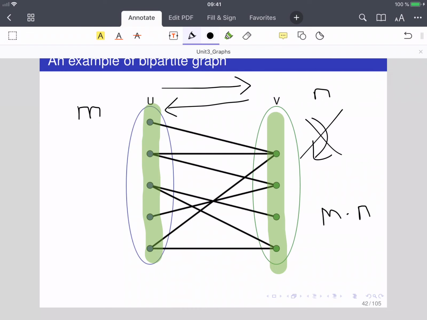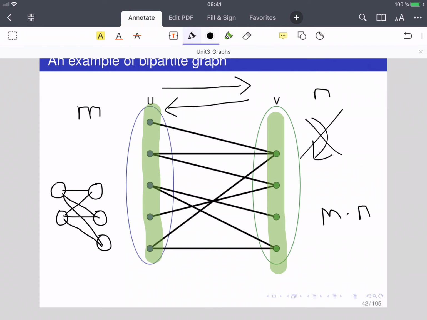Okay, and this number of edges, m times n, is reached when we have all the different possibilities to connect the vertices from one part to the other. So for instance, imagine that we have 2 vertices here and 3 vertices on the other part. I can connect this vertex to the other 3, and I connect this vertex to the other 3.